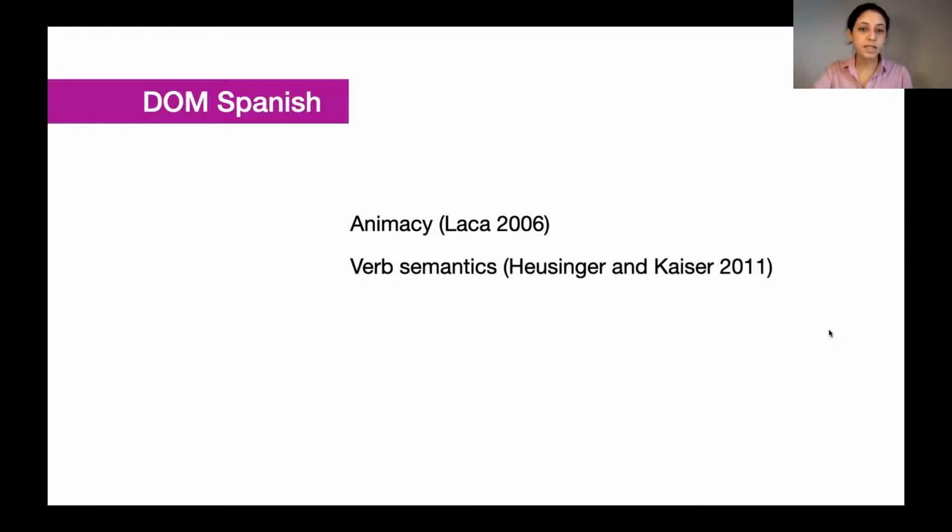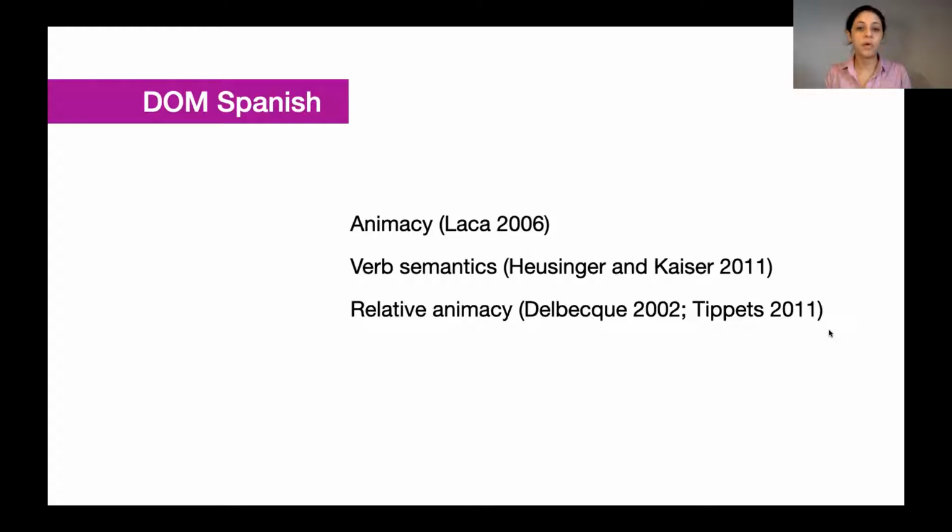Also, verb semantics and relative animacy, which basically means that if the object is higher in animacy than the subject, which is not prototypical, then the object will get marked because we want to make sure that our interlocutor knows that these are two people. They're both equally capable of performing the same action. So we want to make sure that this one is the object.